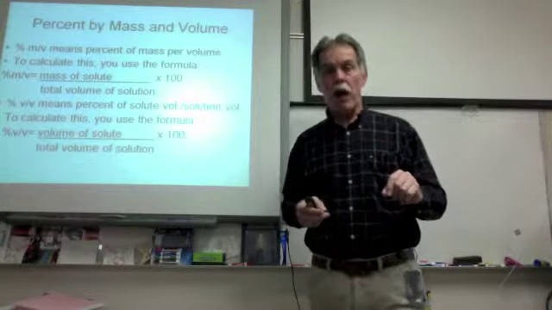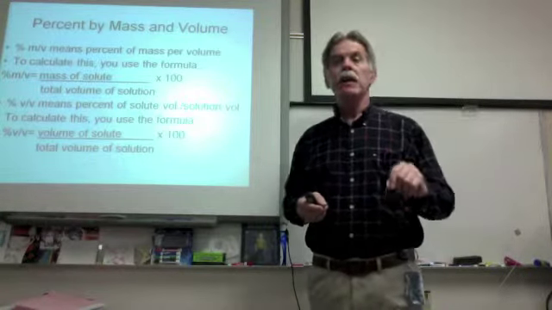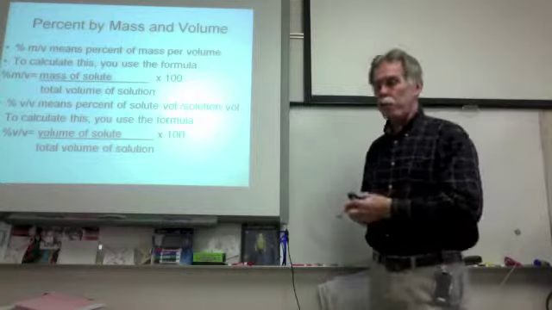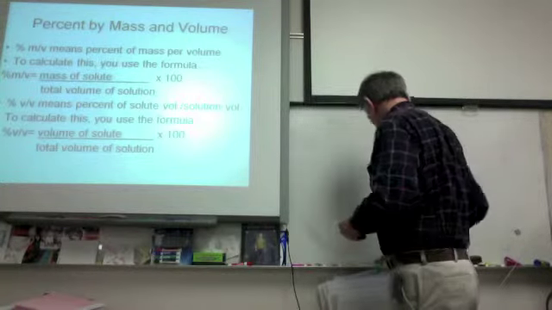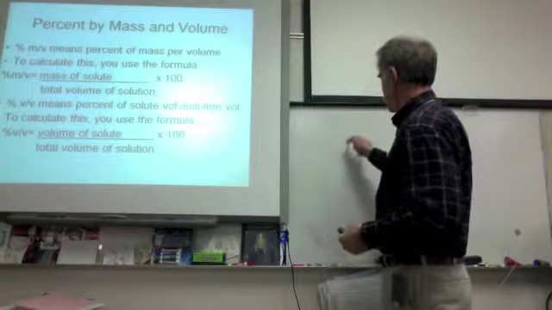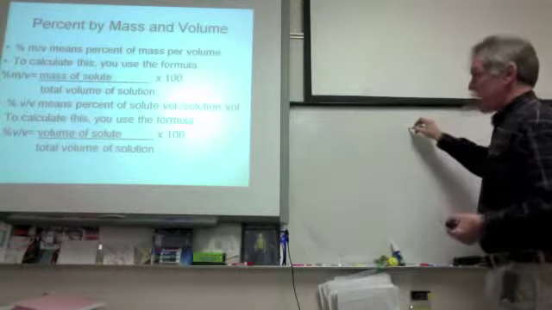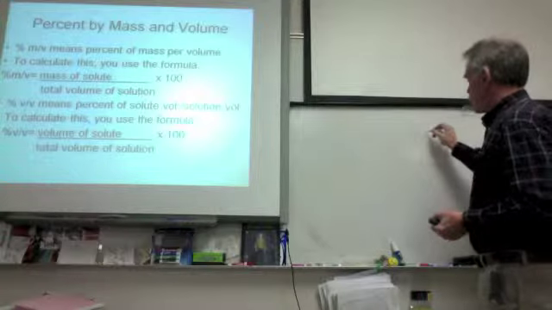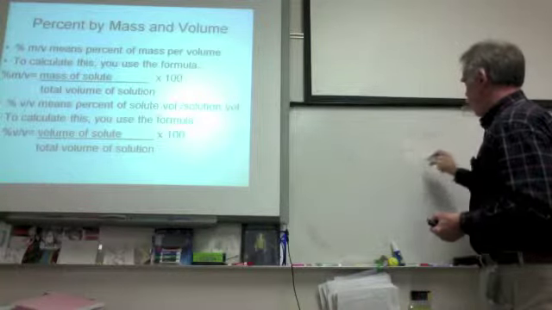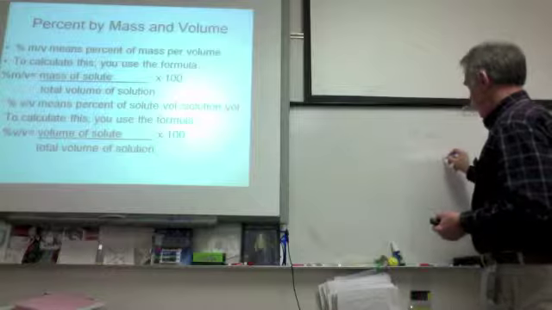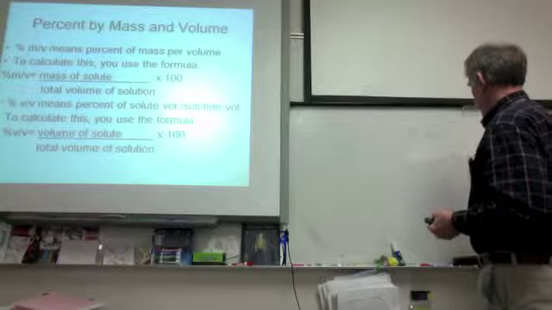So for this type of problem, when you see the word percent, you need to know that percent equals, in the case of mass and volume, the mass per volume of the solution.